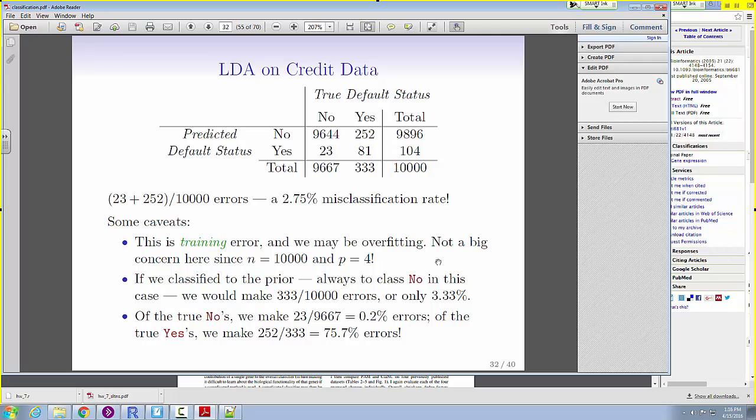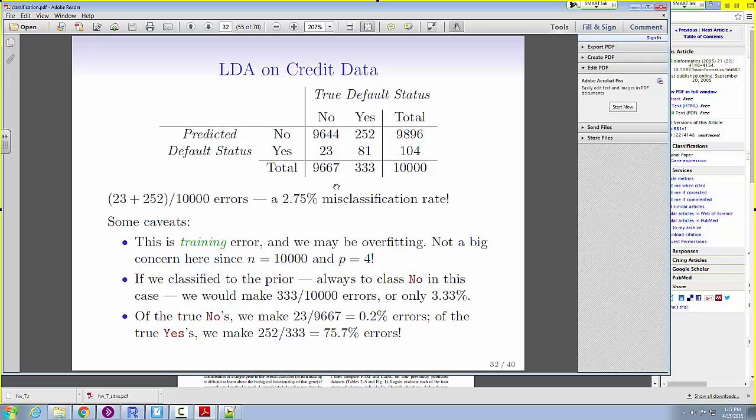Okay. The overall misclassification rate for this pretend example was 2.75% because they made 23 plus 252 errors out of 10,000 predictions. That's a pretty low error rate. So that sounds pretty good.